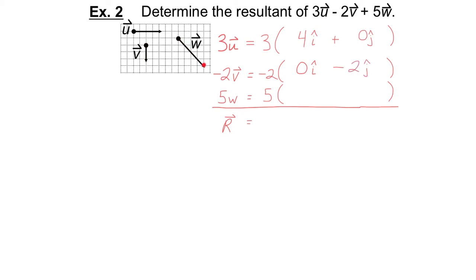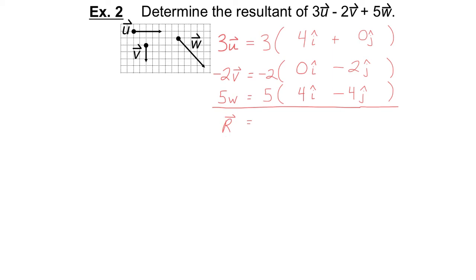Now w, okay, let's look at the x component. It's going 1, 2, 3, 4 units to the right, so 4i hat. And the vertical component, it's going down 1, 2, 3, 4, so minus 4j hat. All right, now we want to get the resultant, so we're going to add all these together.